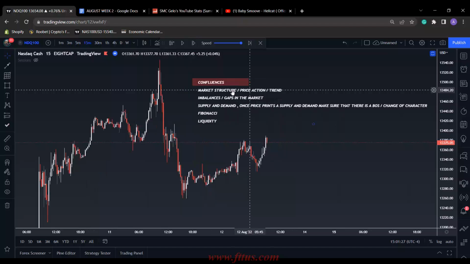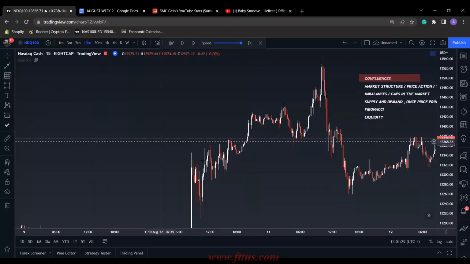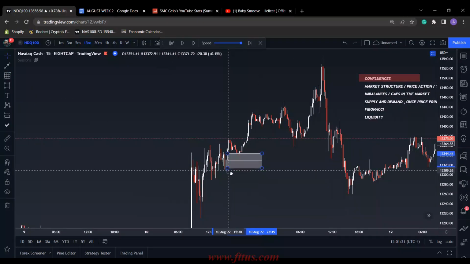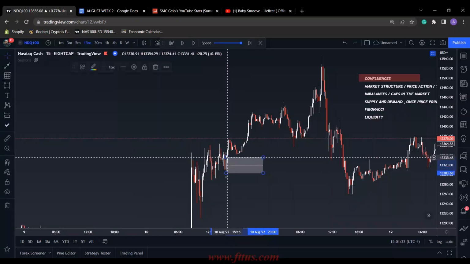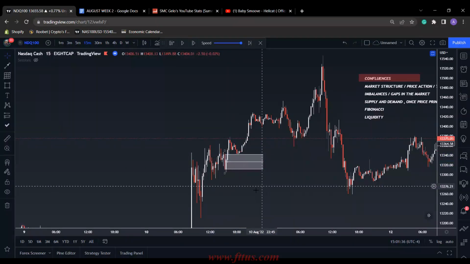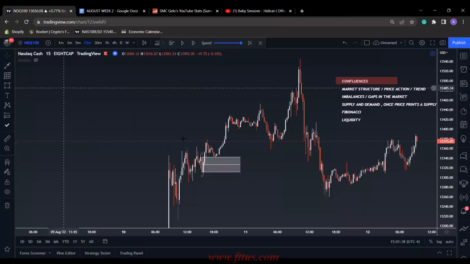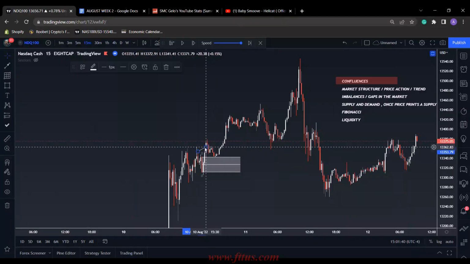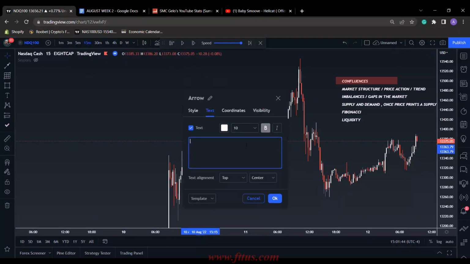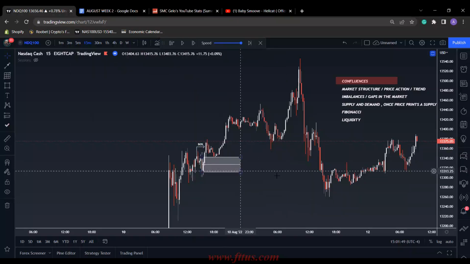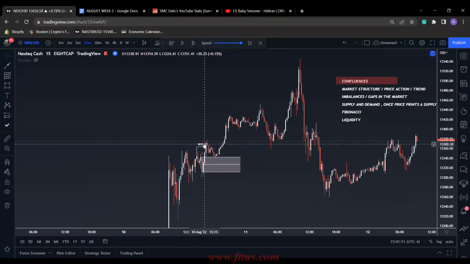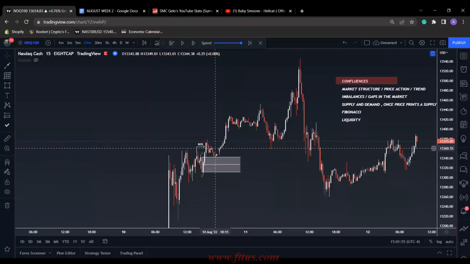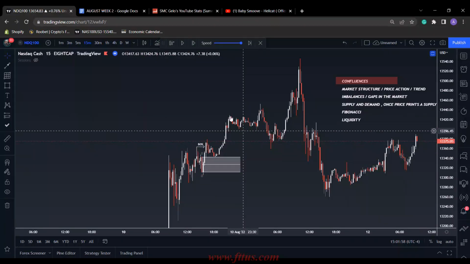So simply right here, we had this demand zone. It's not a good setup, but I'm just going to mark this up for you guys just to show you an example. We had a demand zone with instantaneously a break of structure on the swing high, resulting in a more probable demand zone. So as you can see, break of structure, demand zone, price comes up, comes back down, and goes to our take profit.